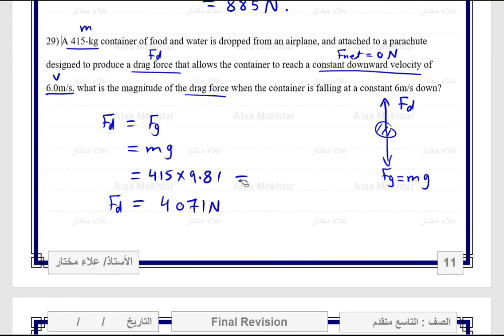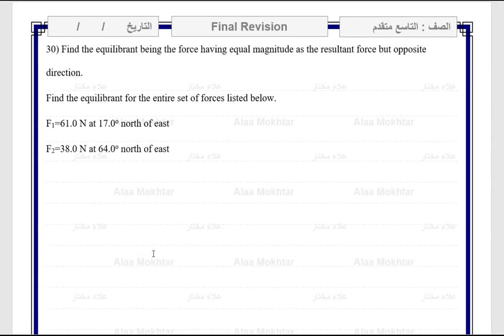This is the answer. If we need to write it in significant figures or scientific notation, it is 4.1 times 10 to the power 3 Newtons.